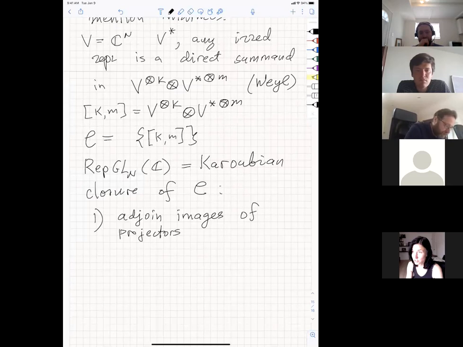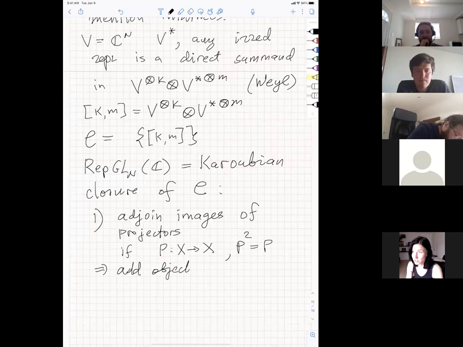So this means that if you have a map P: X → X such that P squared is P, then add the object image of P. Because this category is not abelian, it doesn't have images and kernels of morphisms, but we are going to formally adjoin images of projections. It turns out that it's not easy to adjoin images of morphisms such that it preserves tensor products and so on.